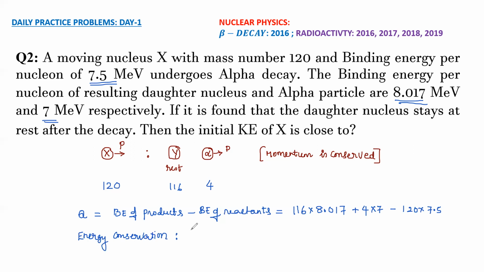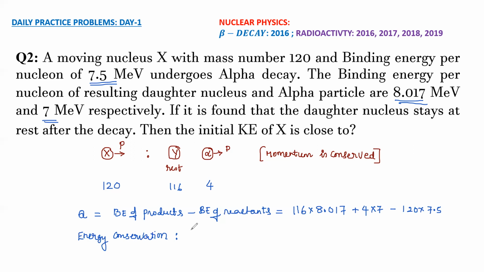So here I want you to be cautious. Binding energy is as such not an energy. Okay. If you are increasing binding energy, it means the potential energy is decreasing. Okay. The nuclear potential energy is decreasing.